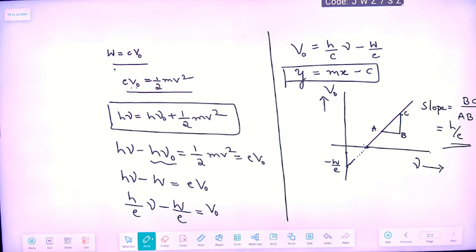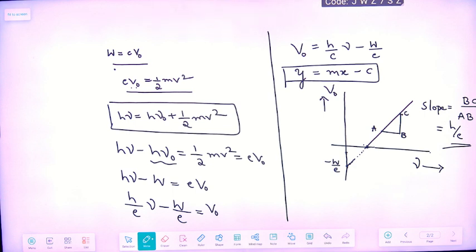So this is the photoelectric equation, and V naught is stopping potential, which is along the y-axis, and x is frequency, which is along the x-axis. As the frequency increases, stopping potential increases. See, at one particular point, at zero stopping potential, still the frequency is not zero.